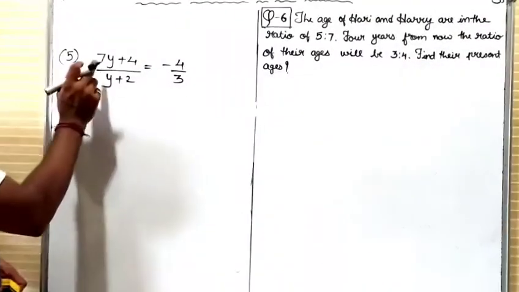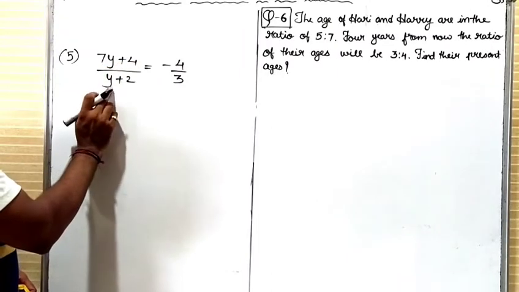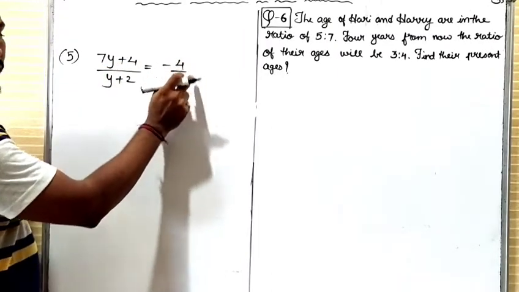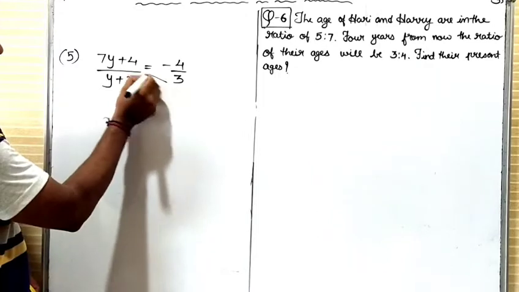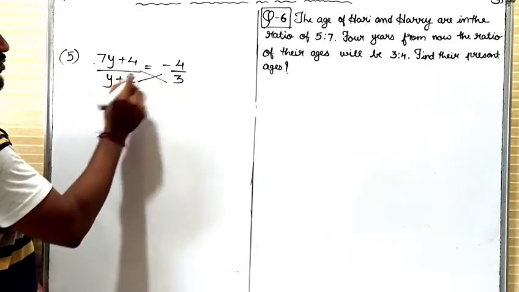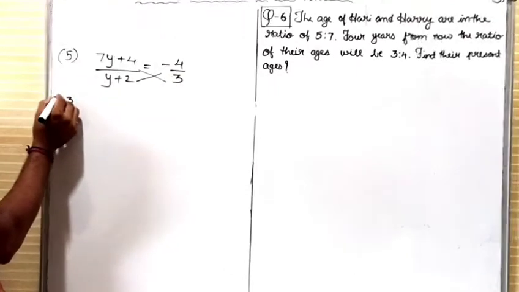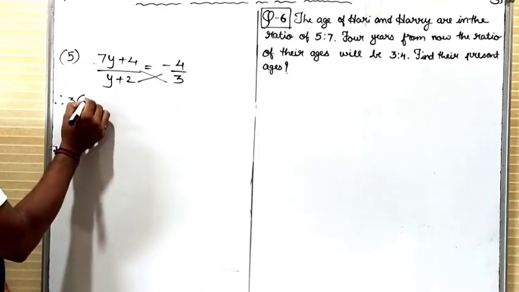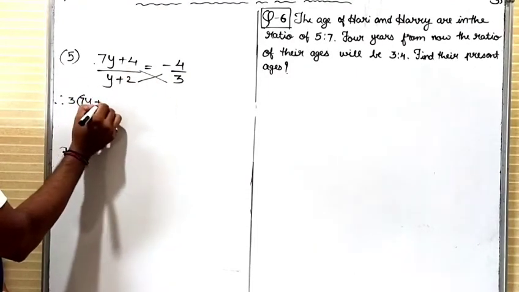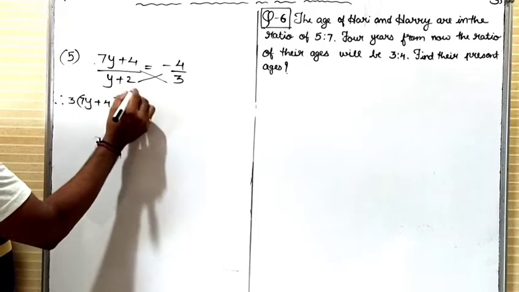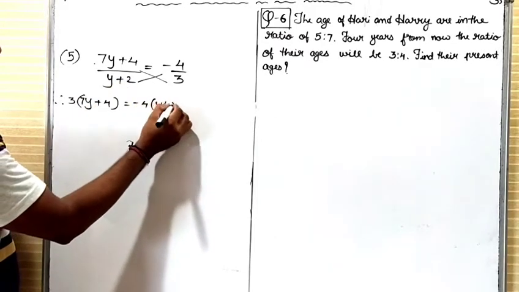Question number 5. (7y plus 4) divided by (5y plus 2) equals minus 4 by 3. Same cross multiplication, 3 will come over here and 5y plus 2 will come over here. So do cross multiplication, therefore 3(7y plus 4) equals minus 4(5y plus 2).